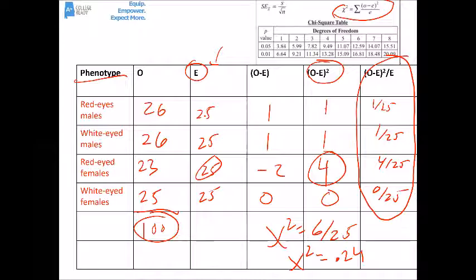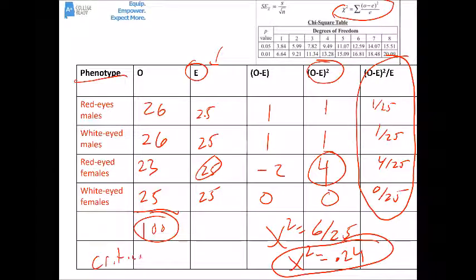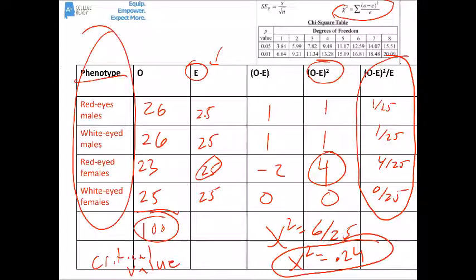All right, by itself, this number doesn't tell us much. We have to compare it to a standard value from a chi-square table called the critical value. And the way you're going to do that is, first of all, you need to look at how many phenotypes or options you have in the first column. We have 4 options. Our number of degrees of freedom are always our number of phenotypes minus 1.